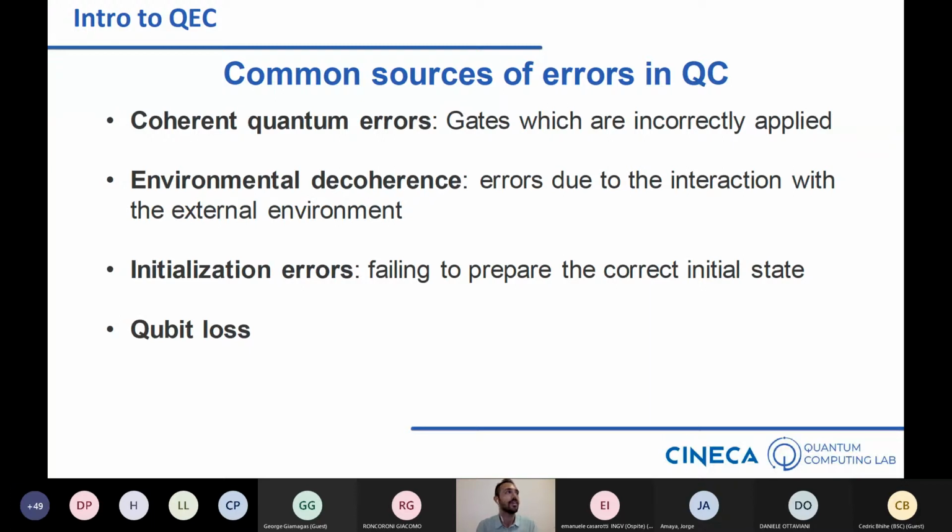It may happen, especially if your quantum computer is made up of atoms or ions, where the state of a qubit is encoded in the energy levels of your atom or ion, that your optical trap that traps your ion, which means your qubit, fails somehow. Something happens to the trap, and you lose one atom, which means you lose one qubit during the computation. So this kind of thing may also happen.